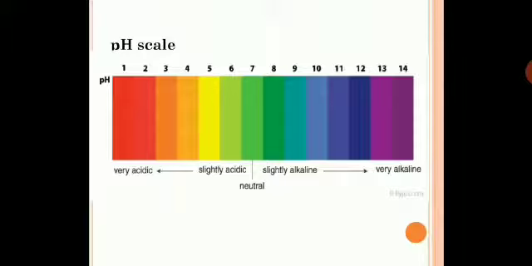And when you go to the acidic side, the color change will be as follows: light green and yellow slightly acidic, then moderately acidic you will get orange, deep orange, and highly acidic red and deep red will be highly acidic. So with this pH scale you can match the color change which you perform, get the exact pH, and you'll come to know the strength of the acid and the base. So you have to draw this pH scale in your notebook and label it accordingly.